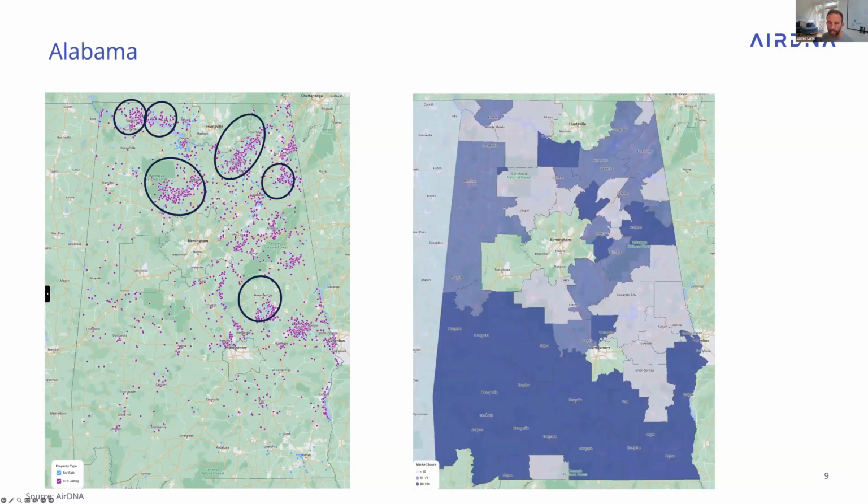And now when you go into the app, you're going to see every single one of those groupings of short-term rentals now combined into specific submarkets. So you've got Lake Martin, you've got Guntersville Lake, you've got Florence and the Shoals to the east of Florence.